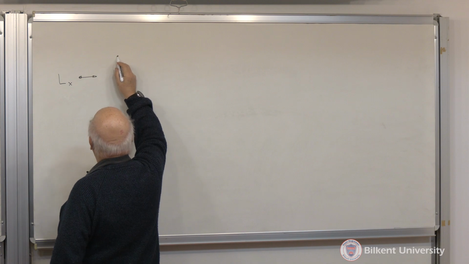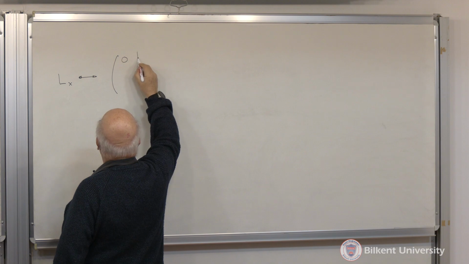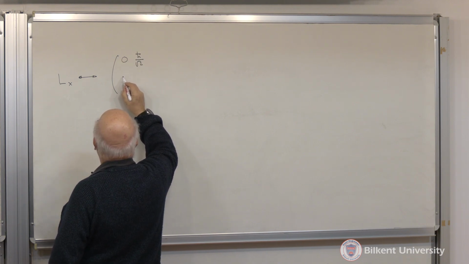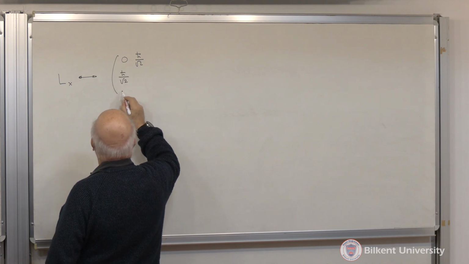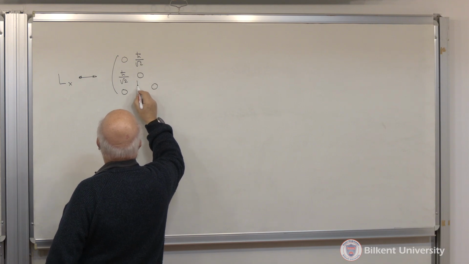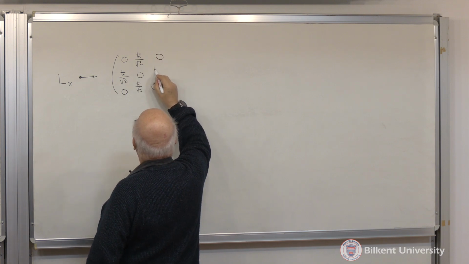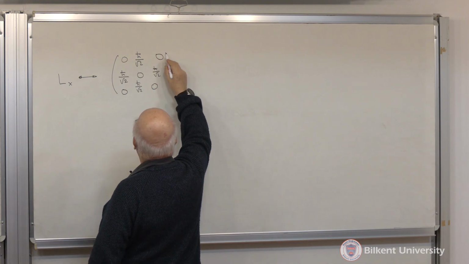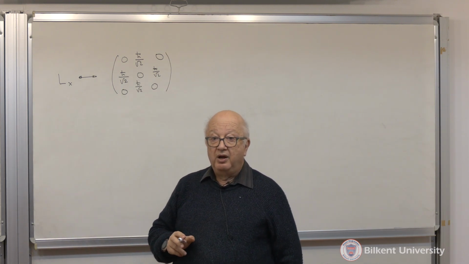So Lx looks like 0, h bar over root 2, 0 in the first row, then h bar over root 2, 0, h bar over root 2 in the middle row, then 0, h bar over root 2, 0 in the last row. Okay, so that's our Lx.